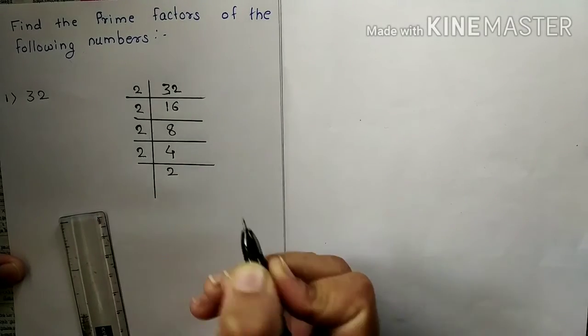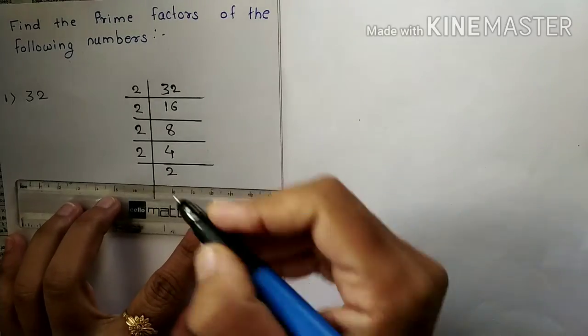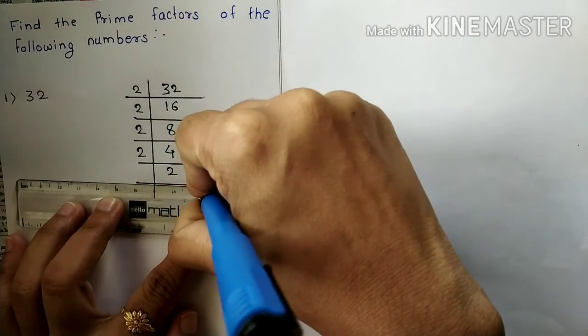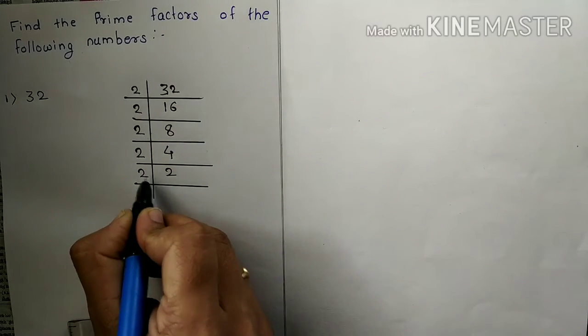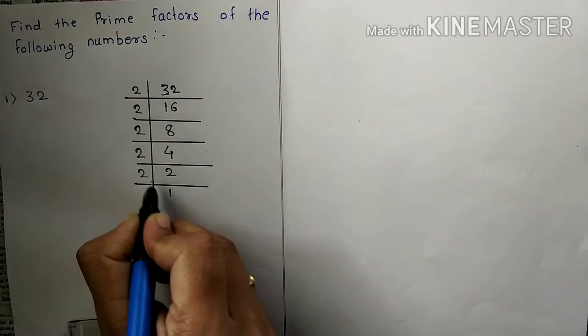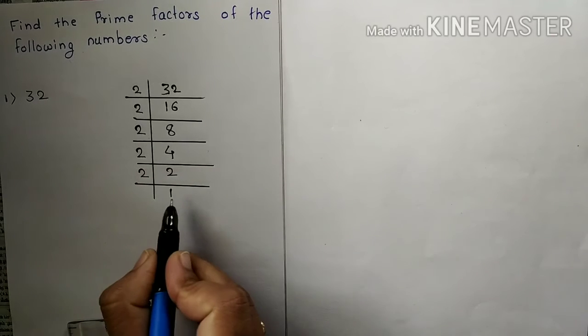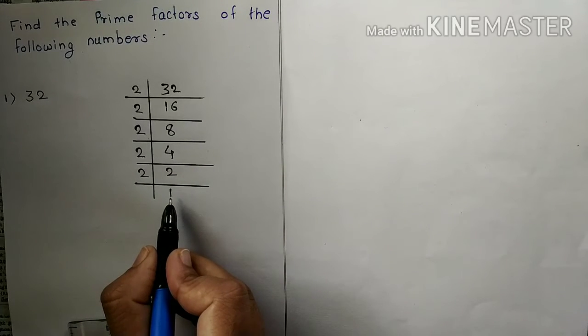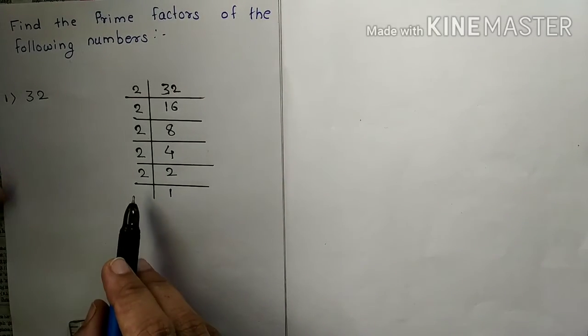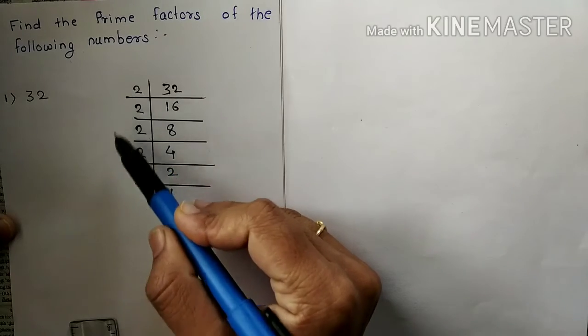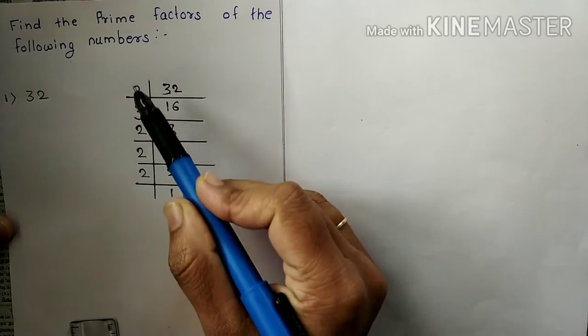So write here 2. Then 2 is divisible by 2. Therefore write here 2. 2 1s are 2. Therefore we write here 1. So here we stop. Therefore the factors of 32 are the multiplication of these prime numbers.